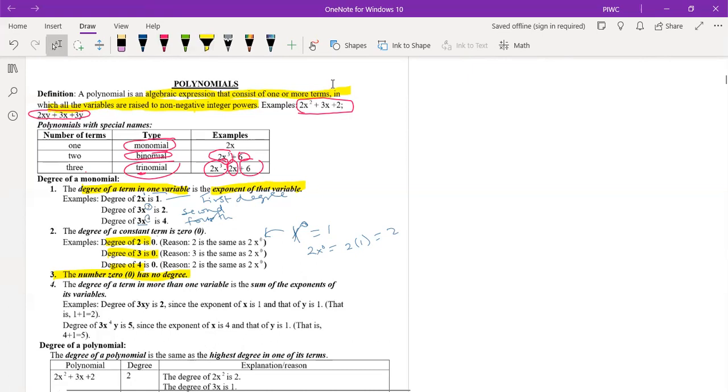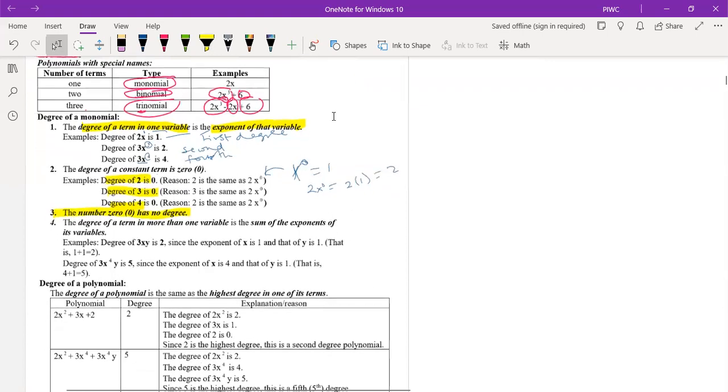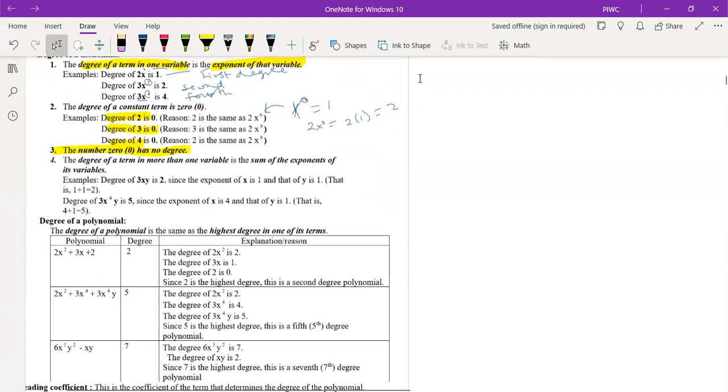Now, what about the degree of a term in more than one variable? Now we have more than one variable. If you have more than one variable, this is what you do. The degree of a term in more than one variable is the same as the sum of the exponents of its variables.